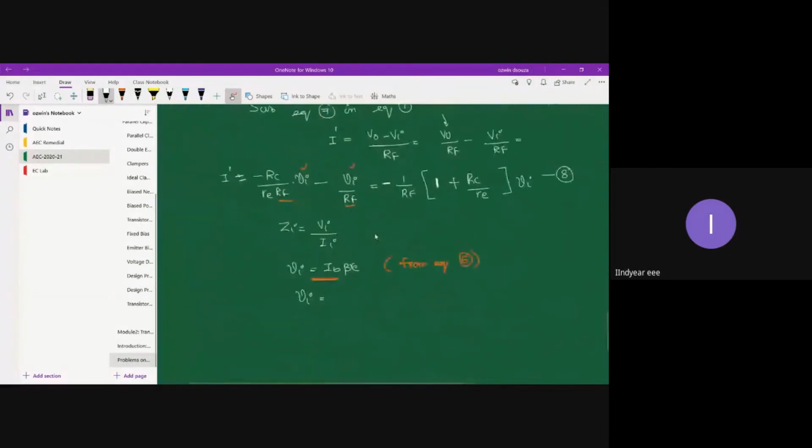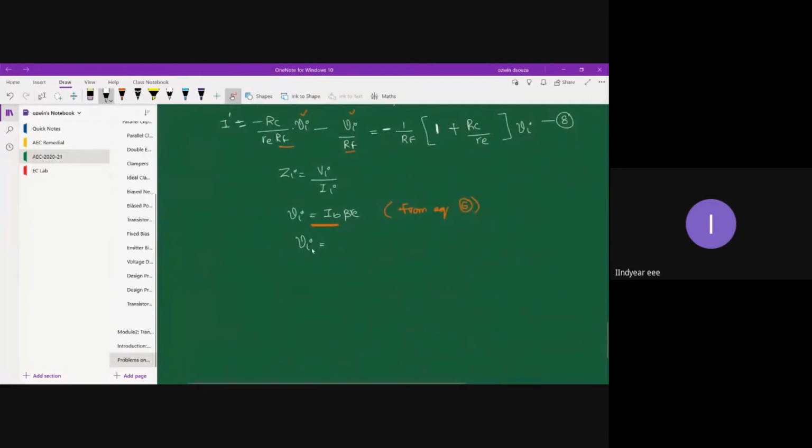So what we can do is, IB is equal to I dash plus II. And how did we get this? To get this, you need to apply KCL at node B. So let me write VI as I dash plus II into beta RE.